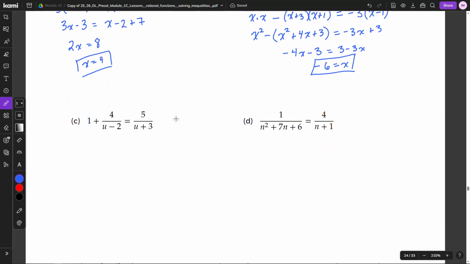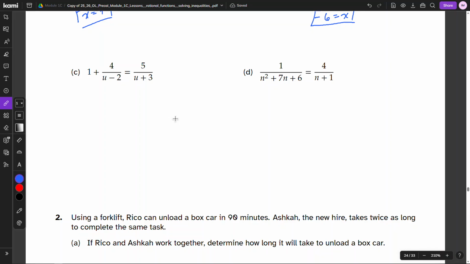Okay. I can do the same work if I change my variable. If I change my variable to be a u, that's fine. Common denominator, u minus 2 times u plus 3. So let's multiply both sides of my equation by that common denominator, u minus 2, u plus 3.